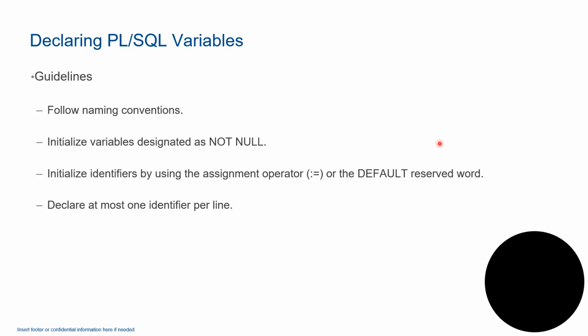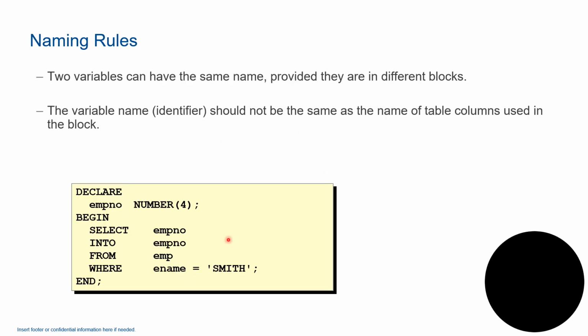The default reserved word is a value that we can store, and it will always remain a default value. Declare at most one identifier per line. So here we have to declare one identifier per line. We will see some examples in the next slides.